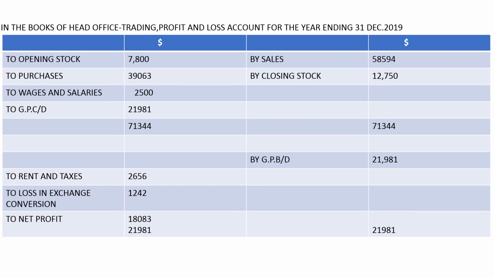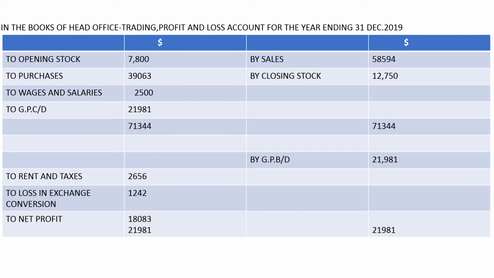Now we are starting with trading account. The first one is to opening stock, $7,800. To purchases, $39,063. To wages and salaries, 2,500. Since it is starting with wages, we have to take it to trading account.